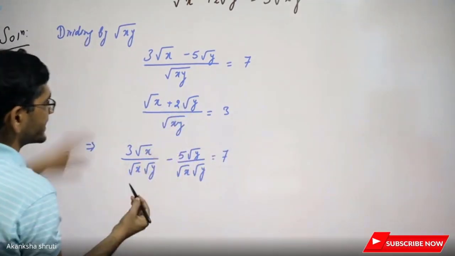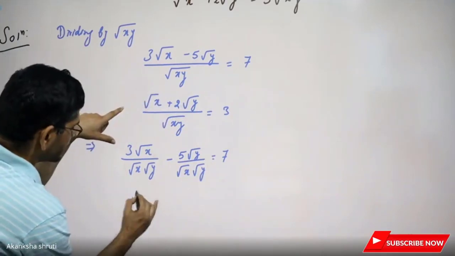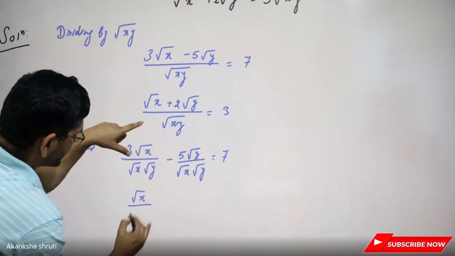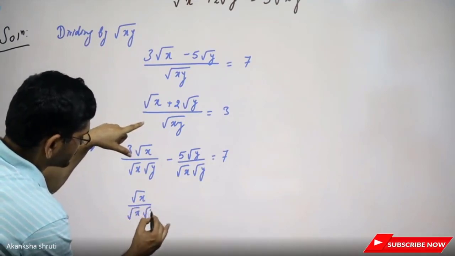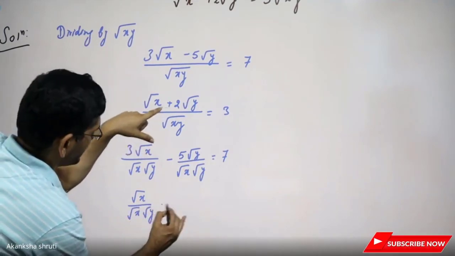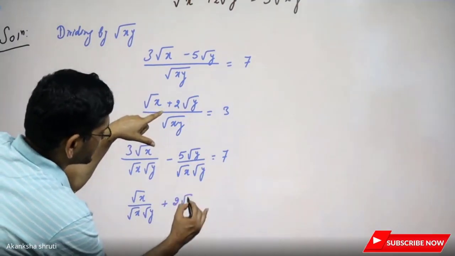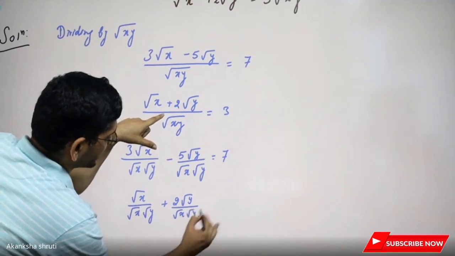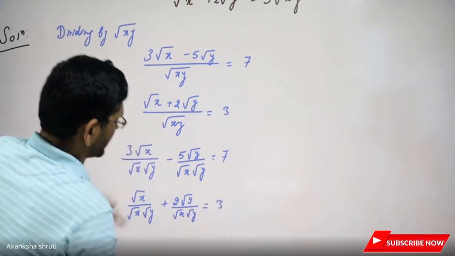Do for the second equation. In numerator we have root x. In denominator it will be under root x under root y plus twice under root y divided by under root x under root y is equals to 3.